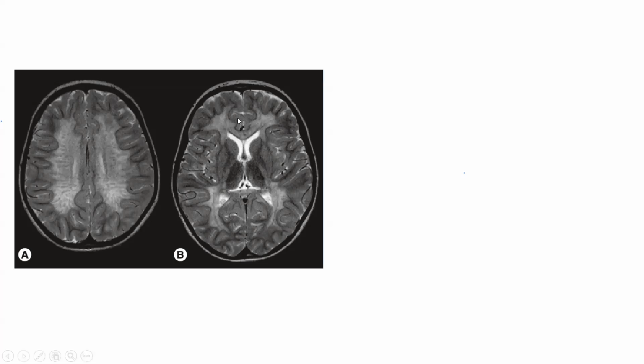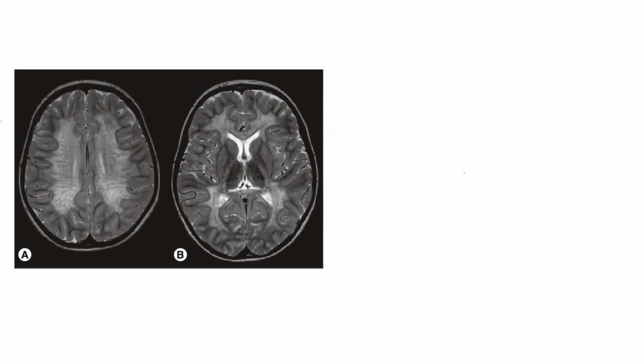This is a symmetrical bilateral picture. And actually, it does look as if there's a little bit of tiger-like stripes, but essentially the white matter is entirely abnormal. So this is a leukodystrophy.